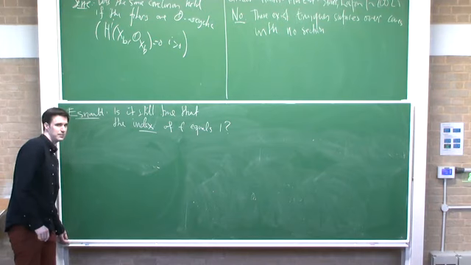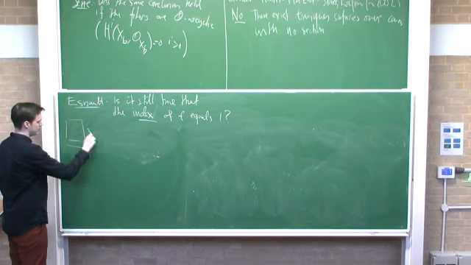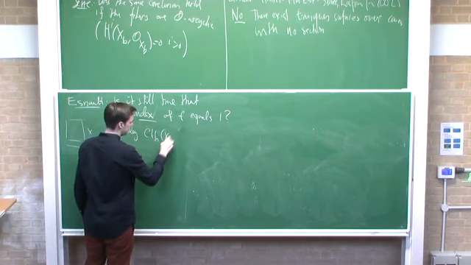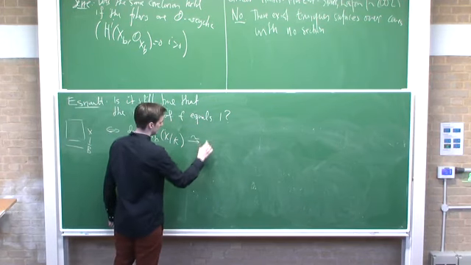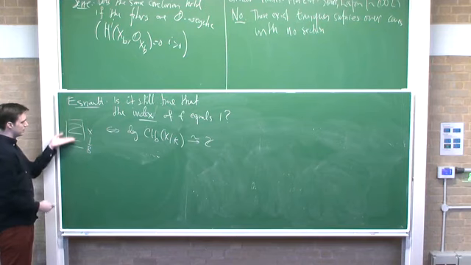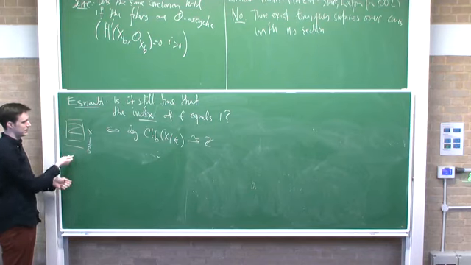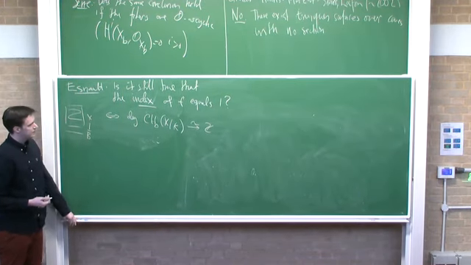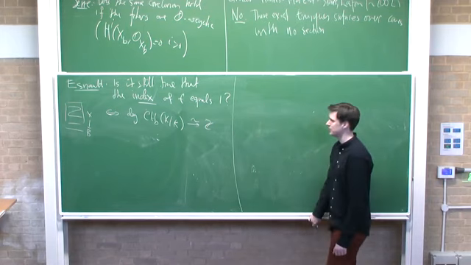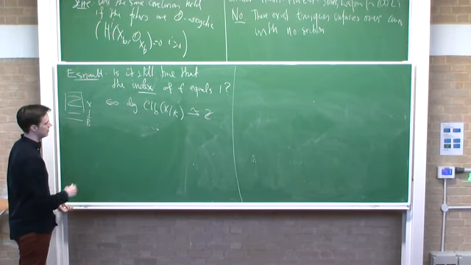So the index is the minimal degree of a zero cycle over B. So we have this map from X to B, and we're requiring that the degree map from Chow 0 over this function field is isomorphic to Z. So even if there's no section, it could still be that there's a degree 3 curve and a degree 4, or maybe a double cover of B, so that together they generate a cycle of degree 1. So maybe this is the right conclusion in the setting that we're looking at. And this is really what motivated our problem.